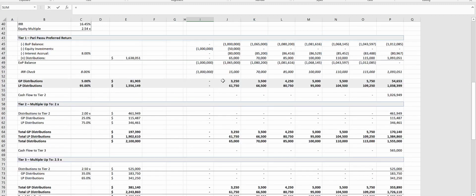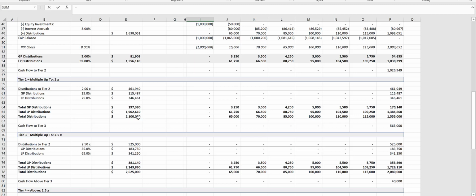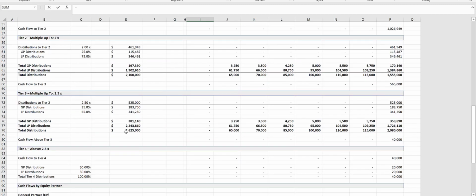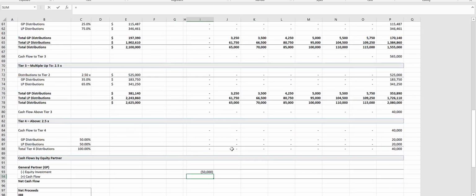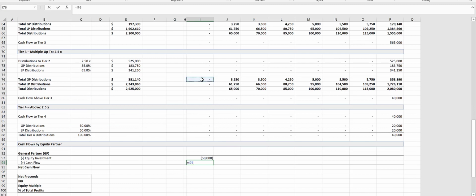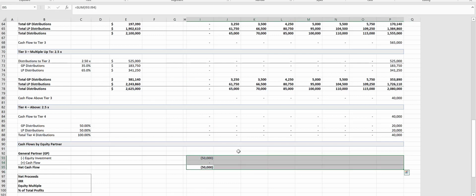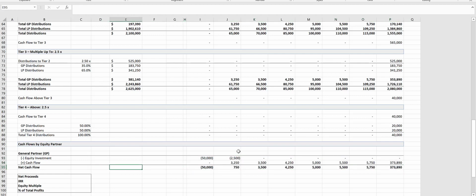But since we already calculated the totals for each tier, for example, by tier 2, a total of 2.1 has been distributed. By tier 3, 2.625. We can just take tier 3 plus everything that's distributed above that in tier 4. And that's going to give us our total contributions and our total cash flows. And we can sum these up.